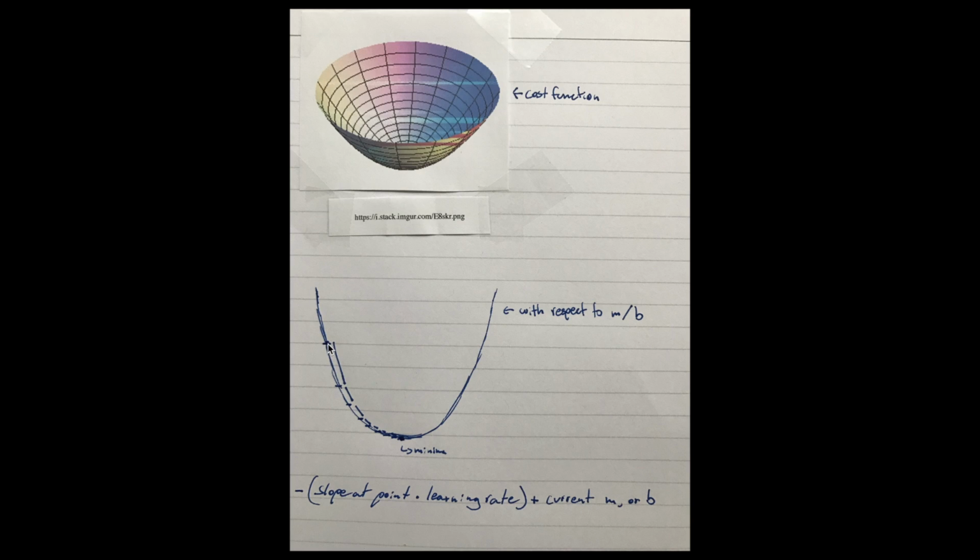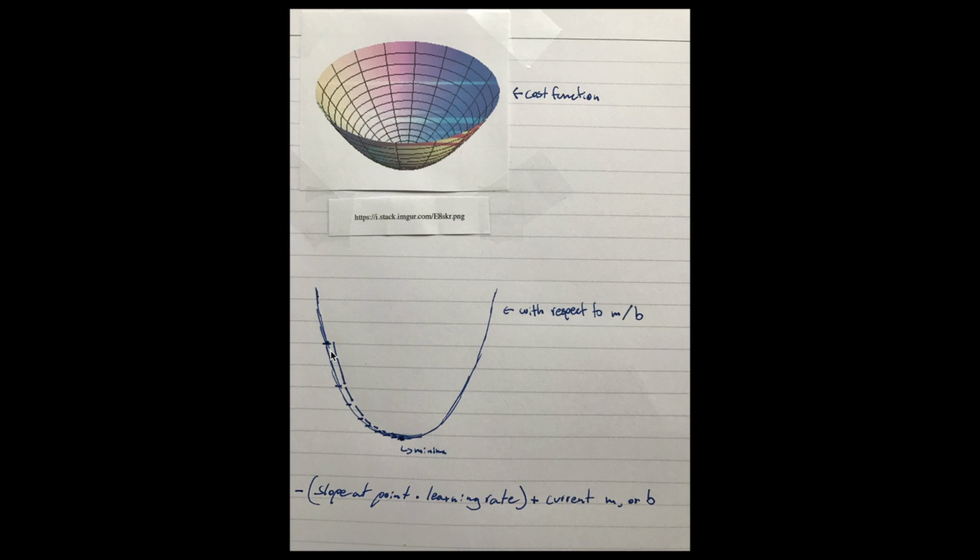So what if on these really steep parts we can take a bigger jump, and then on the small parts we start taking tiny steps, because our minima is coming even closer and we don't want to jump too much so that we overshoot that minima. This is one of the neat properties of gradient descent. If we look at this expression right here, we take the slope at this point.